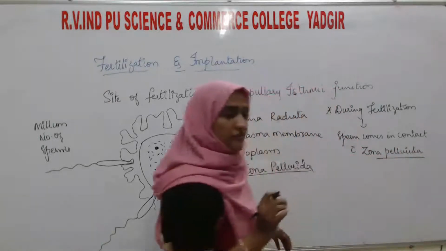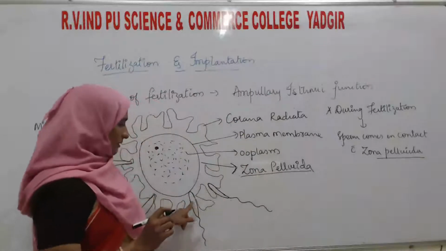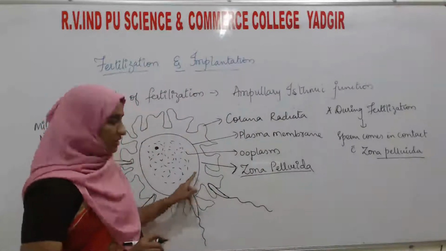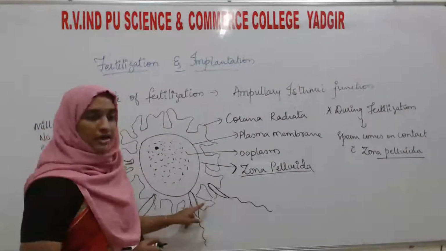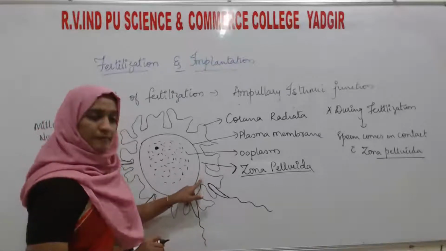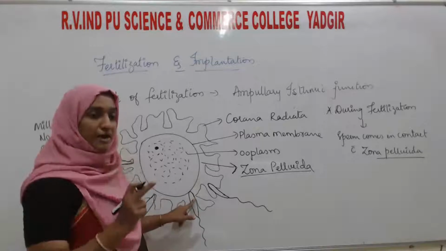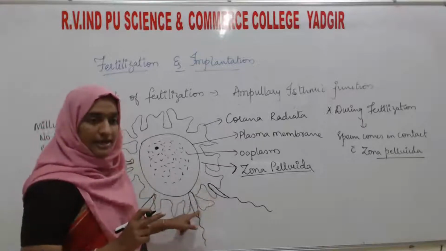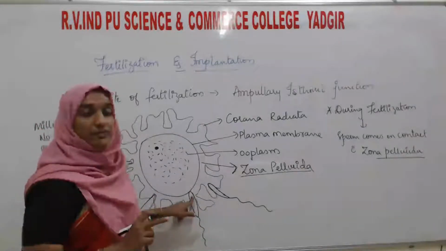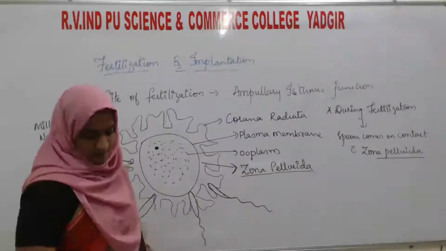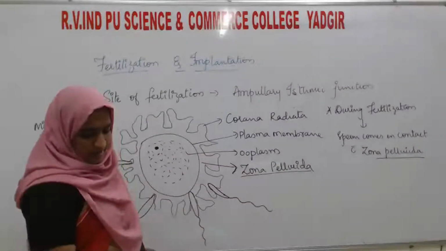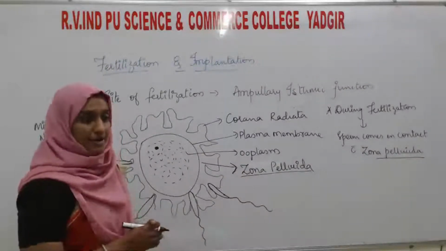Which layer will it first come in contact with? That is the zona pellucida. This sperm will first penetrate into the corona radiata, then into the zona pellucida layer of the ova, and induces changes in the membrane.